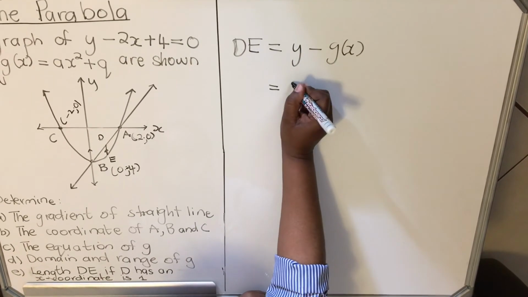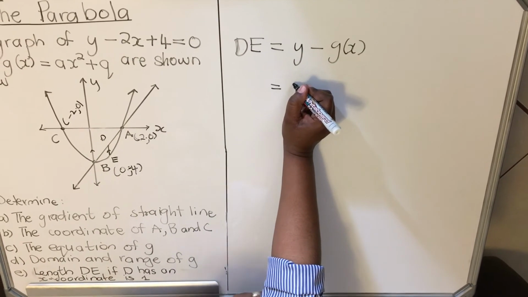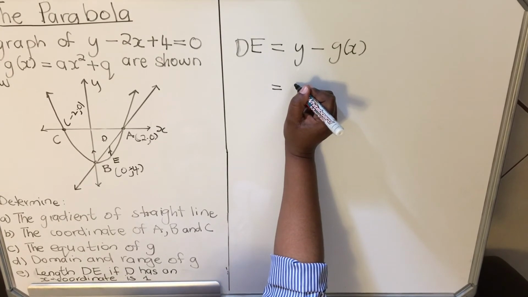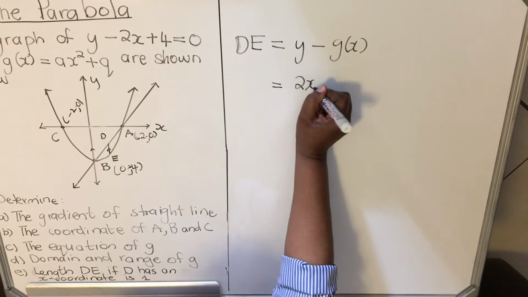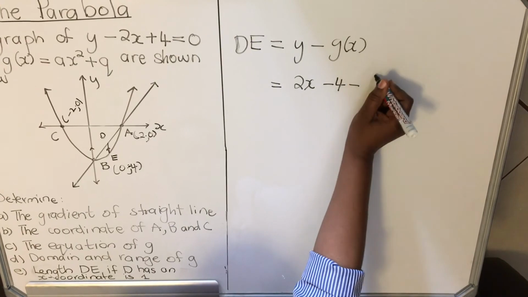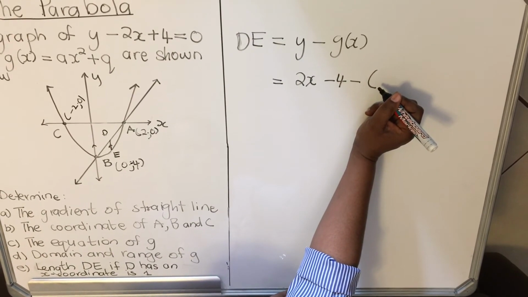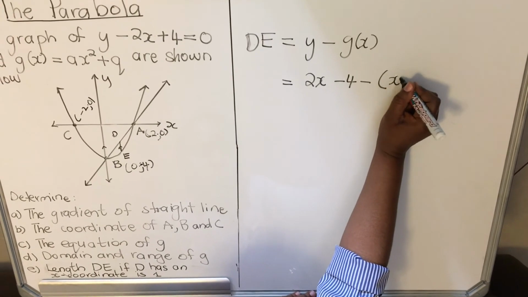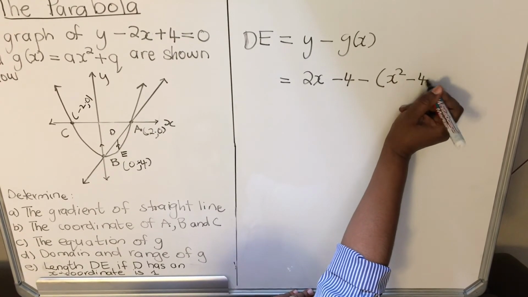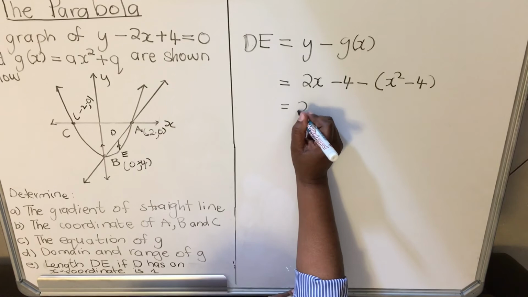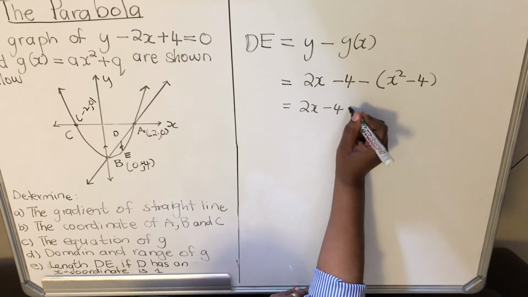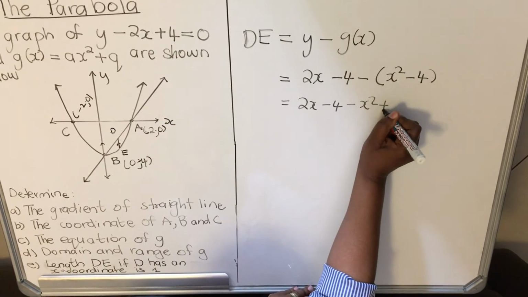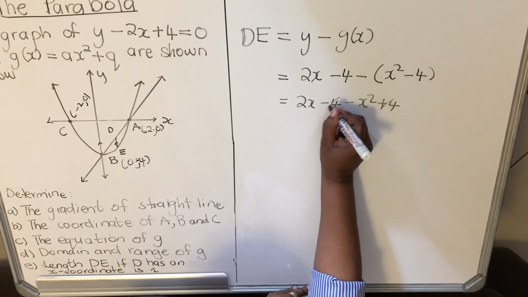So you write the formula for that line. The formula for that line is 2x minus 4 minus, open bracket, the formula for this one, x squared minus 4. And then we multiply them out. The 4 will cancel the 4.